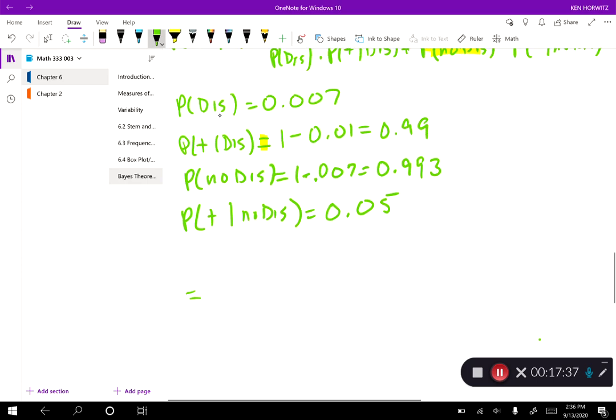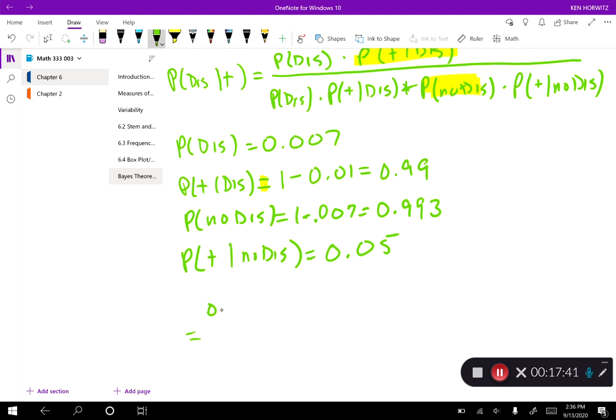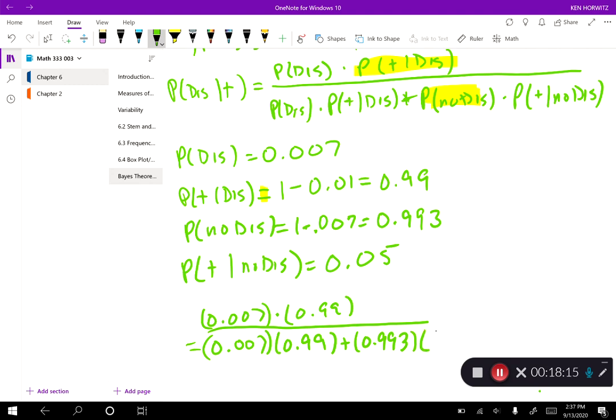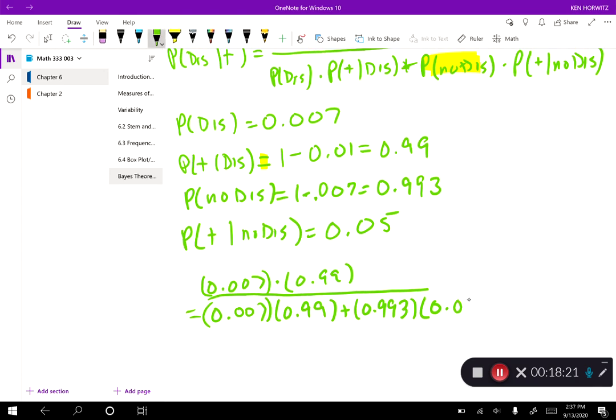So we have 0.007 times 0.99 divided by 0.007 times 0.99 plus 0.993 times 0.05.